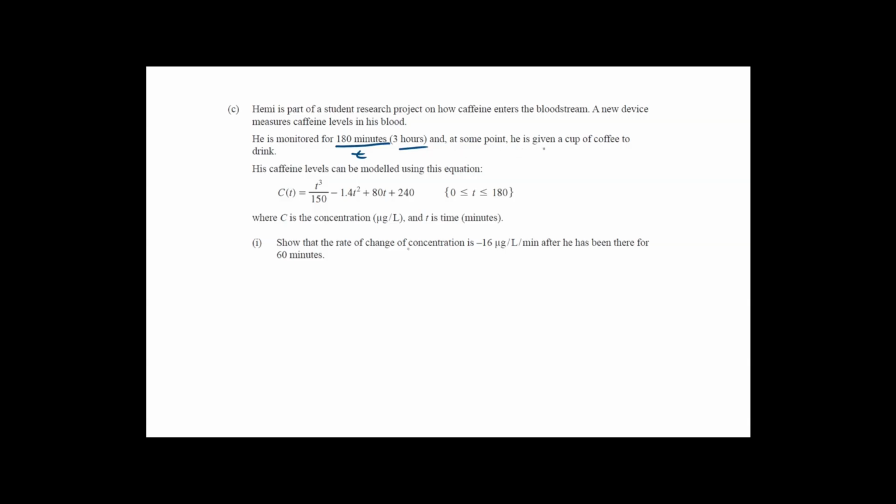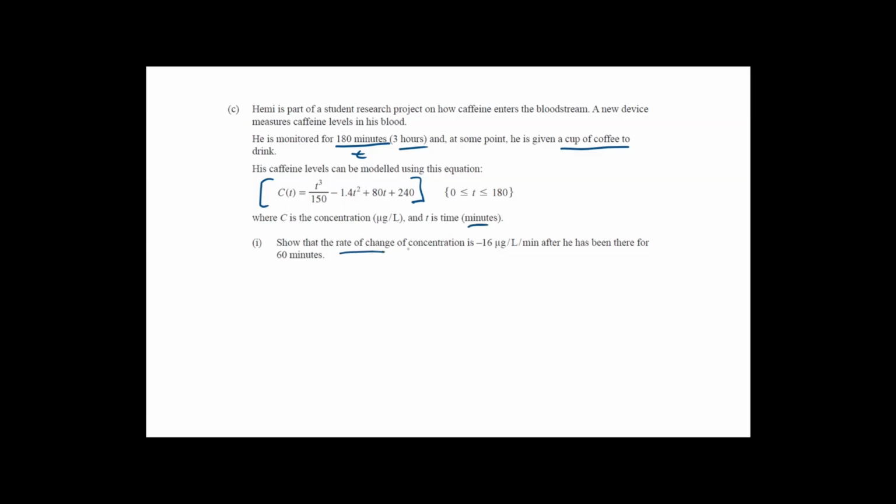At some point, he's given a cup of coffee to drink. Okay, his caffeine levels can be modeled using this equation. Seems weirdly specific, but okay, let's go with it. Where C is the concentration, and that's an interesting one, micrograms per litre, and t is time in minutes.